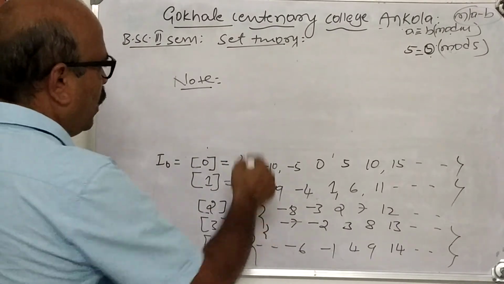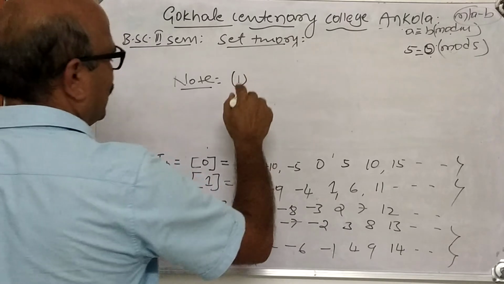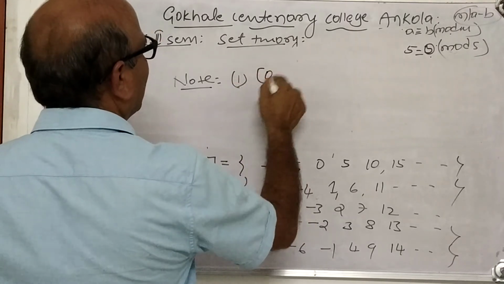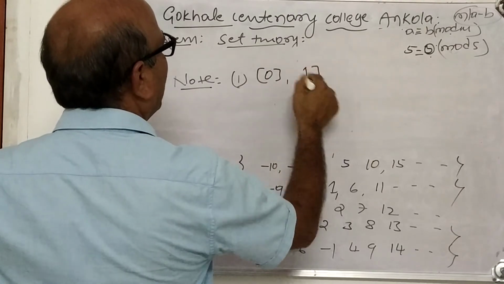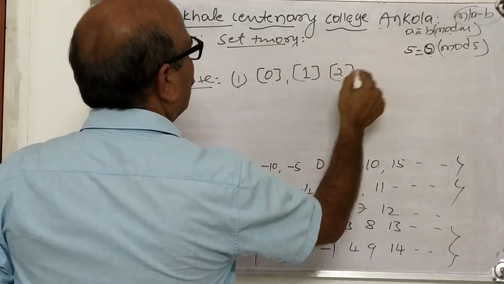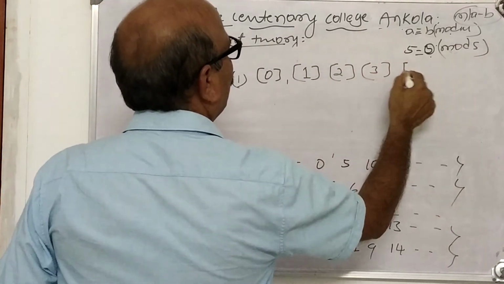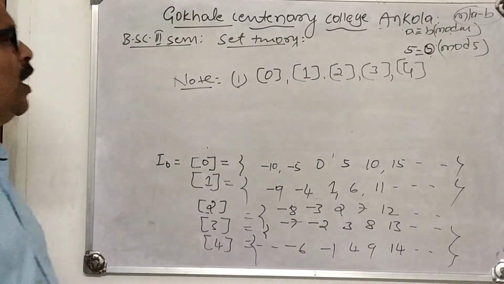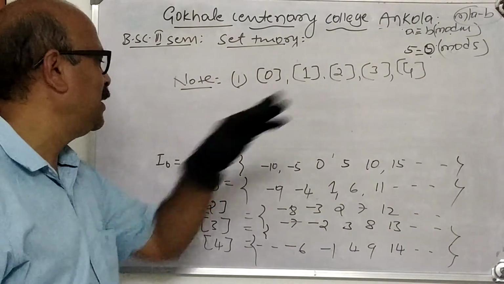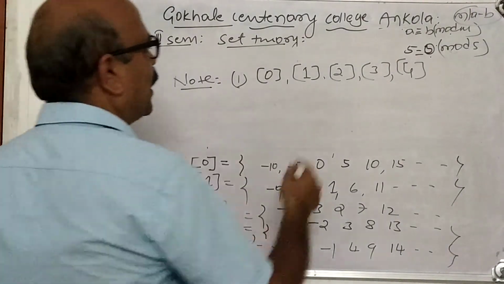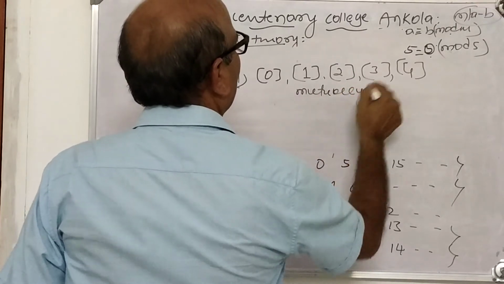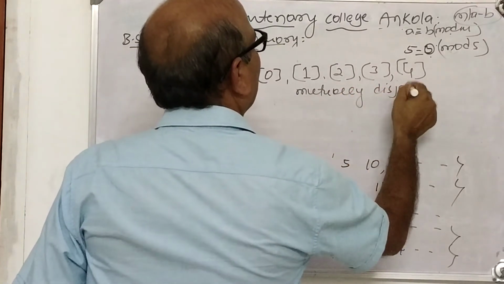Now, the property of these equivalence classes is this. There are only 5 equivalence classes determined by this equivalence relation: 0, 1, 2, 3, 4. These are mutually disjoint.